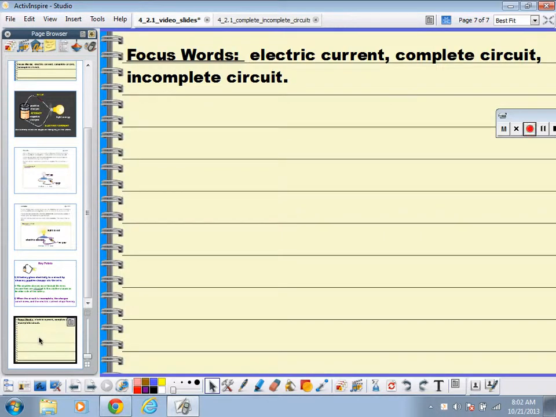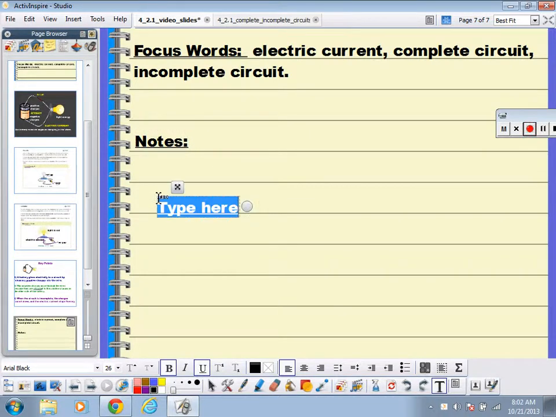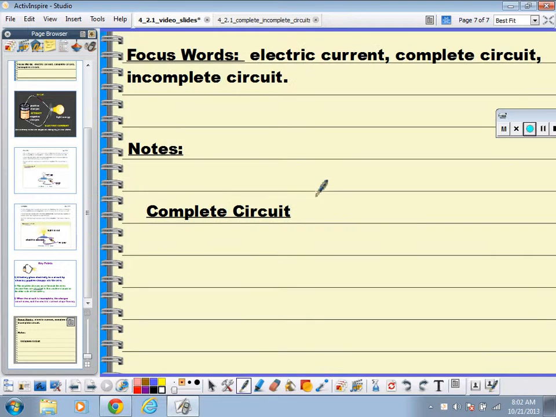So right now I want you to, underneath your focus words, you're going to draw some notes so that we can remember all of this that we just learned. So please write the word notes. And then I want you to draw on one side a complete circuit and then draw a line.